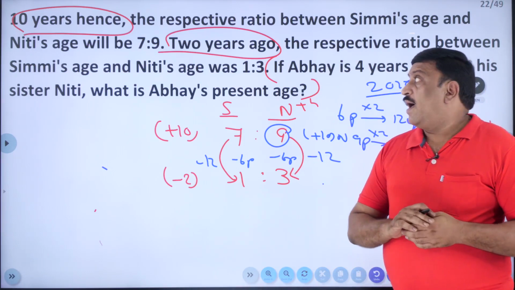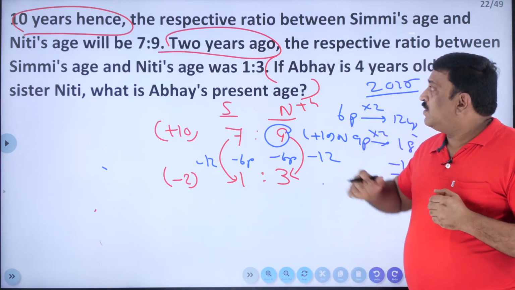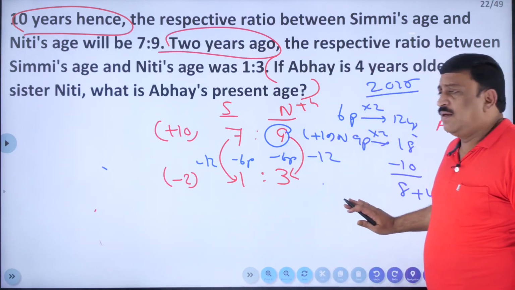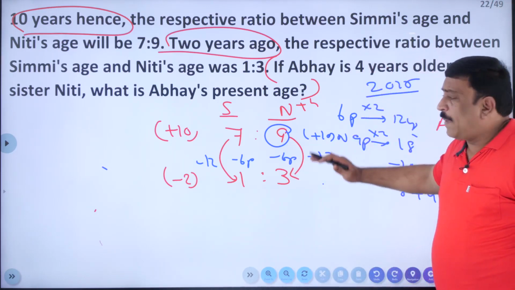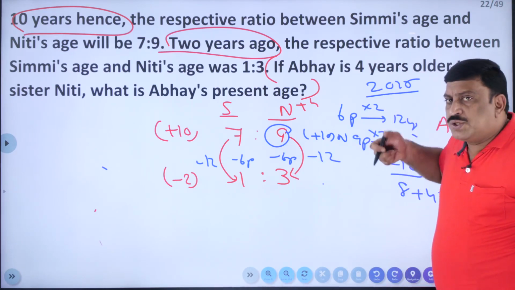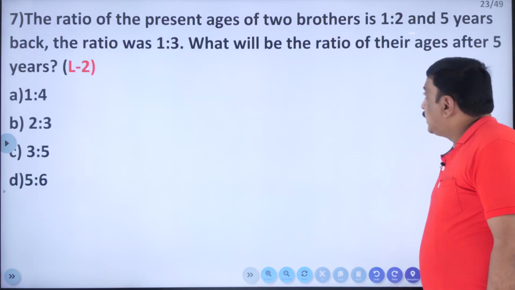I'm insisting, this one we can do simply by taking the ratio balancing technique, all the questions. Now let us see, still more level increase. Take this one.